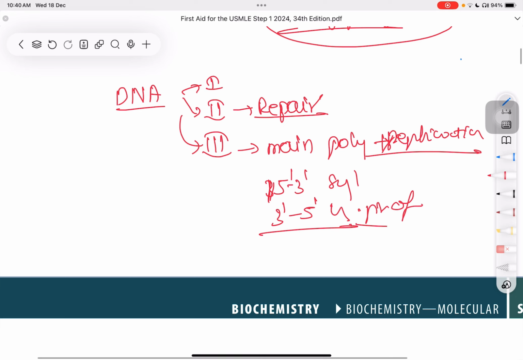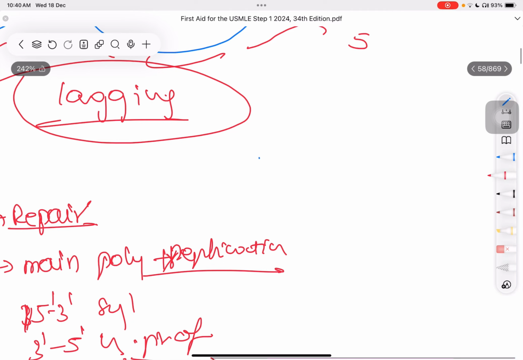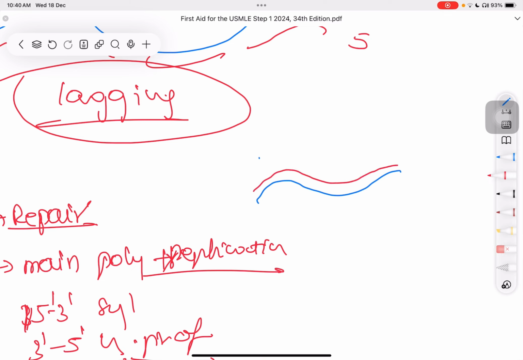So what do you mean by this proofreading? Once the DNA is forming, let's say this is the parent DNA and this is our daughter DNA. Let's say there is a break over here, or the sequence that has been synthesized is not the usual sequence, but an abnormal sequence has been synthesized by your daughter DNA. The replication is happening in the 5' to 3' direction.